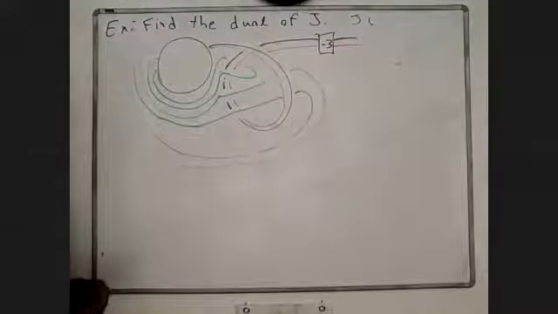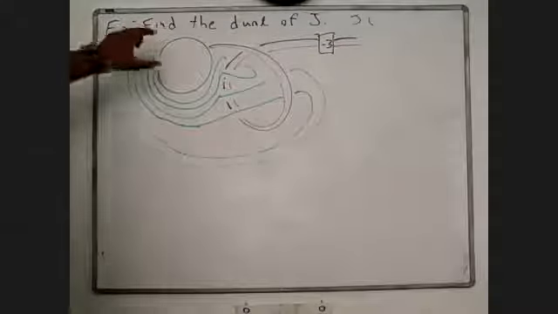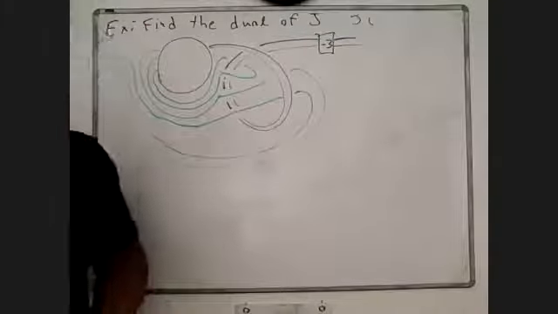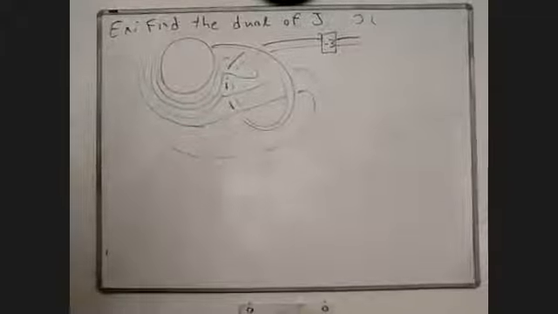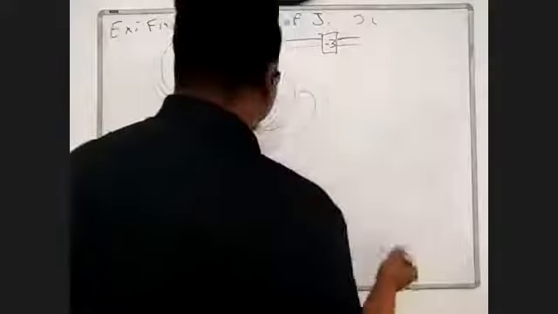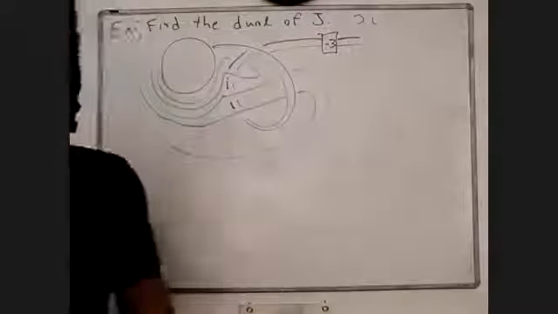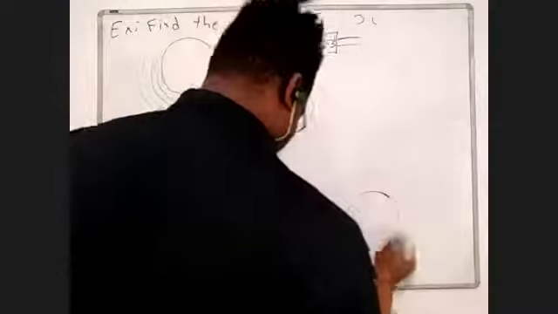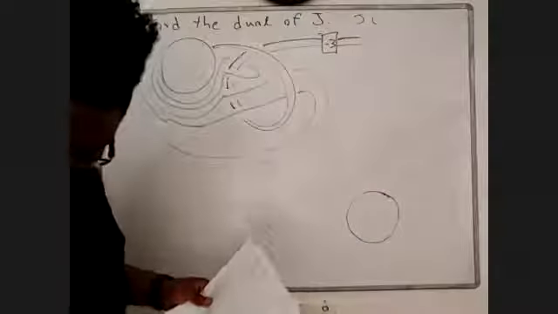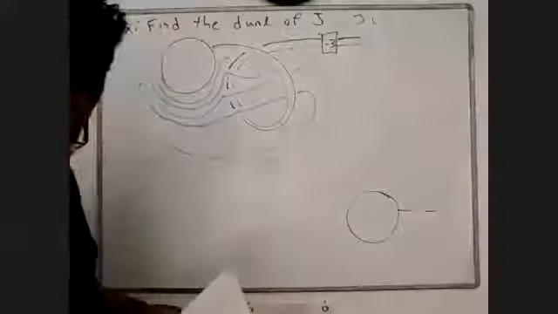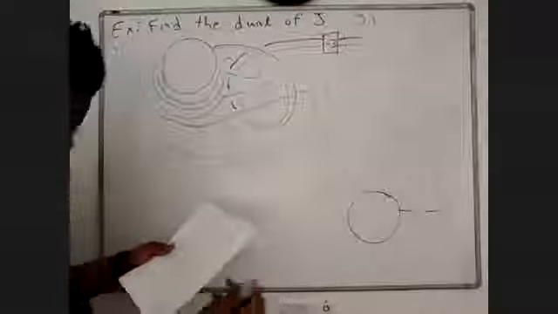Now we're going to take our sphere and isotope it all the way through. Do it right here. So this side is easy. Now the other side, we get this picture.